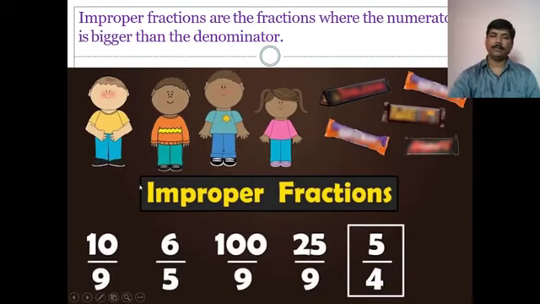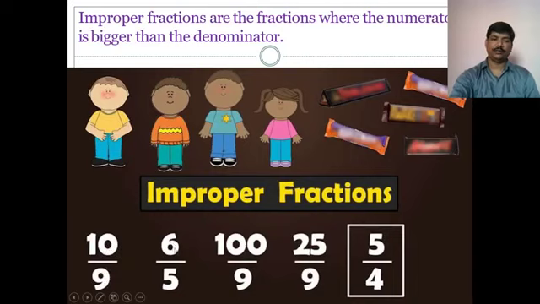Now, another type of fraction, improper fractions. Improper fractions are the fractions where the numerator is bigger than the denominator, or we can say the numerator is larger than the denominator. In this fraction, 10 upon 9, numerator 10, denominator 9.